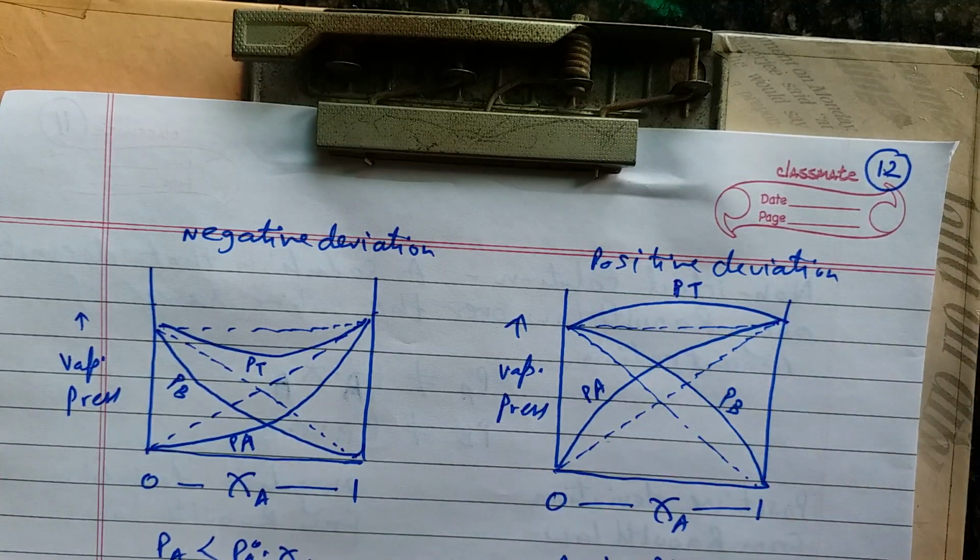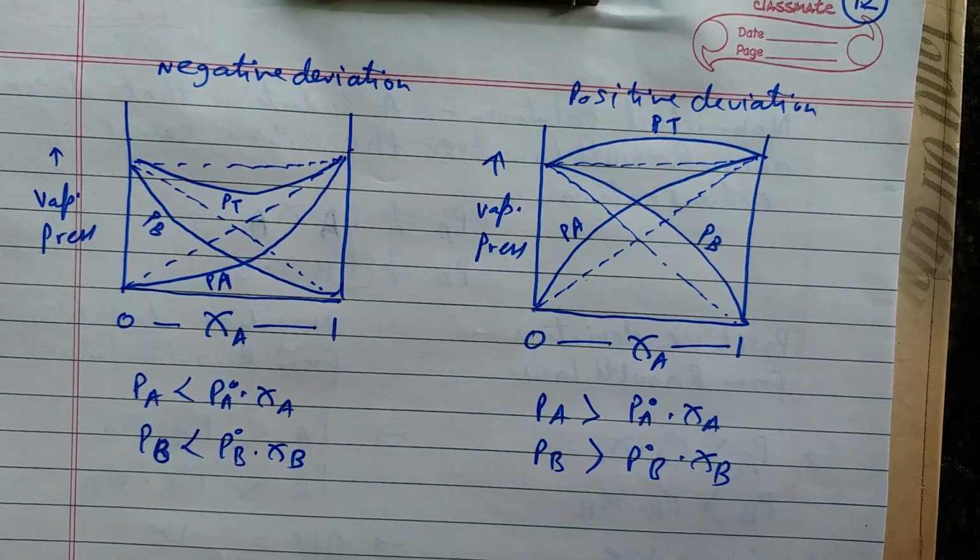So this is how you see positive and negative deviations from Raoult's law. There is deviation from the behavior from Raoult's law, and the vapor pressure versus mole fraction curves are not straight lines, but in negative deviation you see a decrease in the vapor pressures, and in positive deviation you see an increase in the vapor pressures.